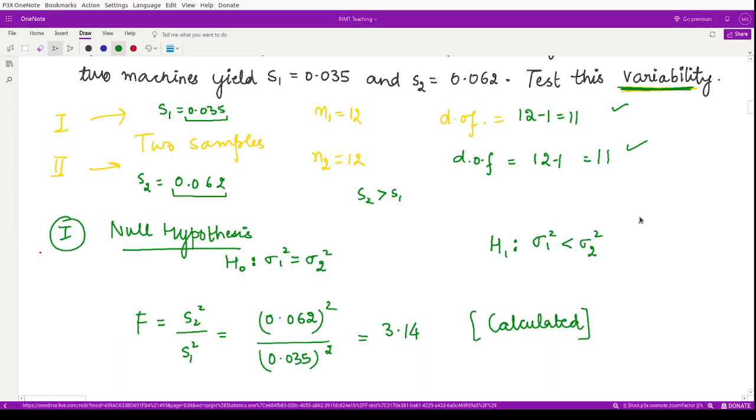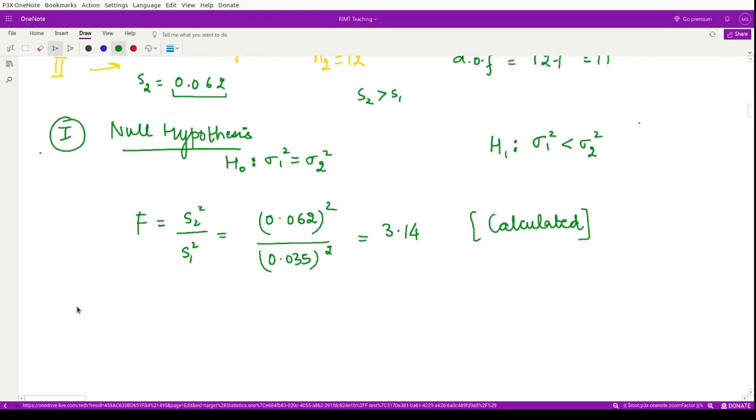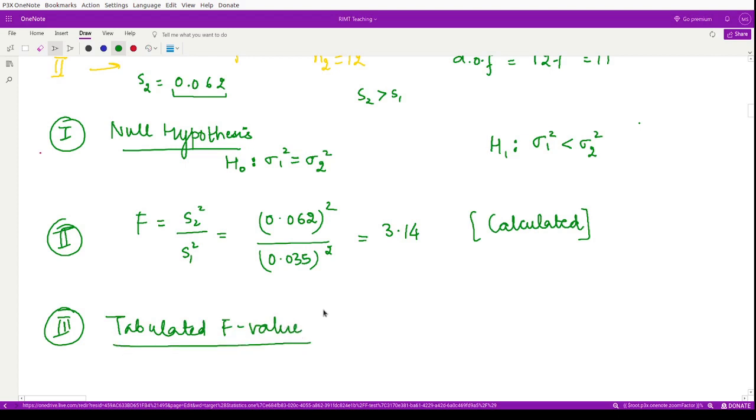Okay, next, after calculating this value of F, in the third step, you are to check the tabulated F value. Here no level of significance is given to you, so we may check our results at say 5% level of significance. You may take any other of your choice, there is no issue. For this, you have the degrees of freedom.